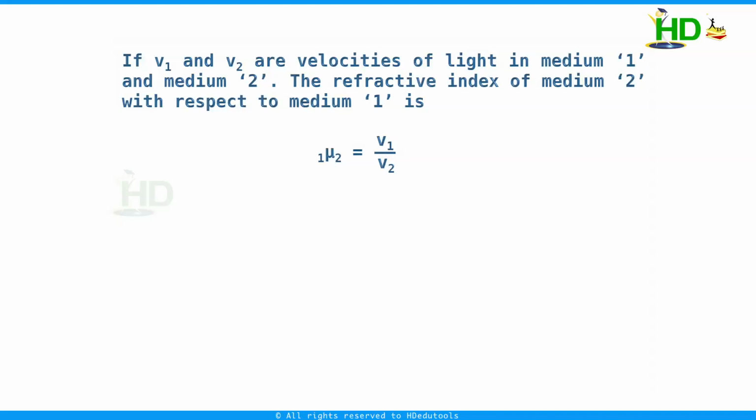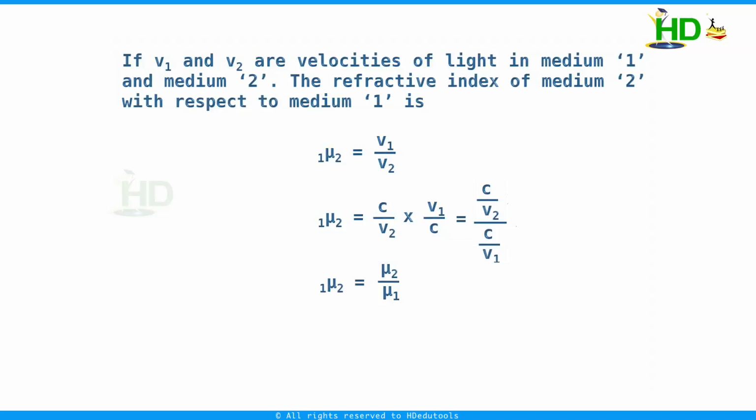Now I am dividing and multiplying this equation by C. We get mu12 equal to C by V2 into V1 by C. Already we know that C by V2 is the refractive index of the second medium with respect to air or vacuum, that is mu2, and C by V1 is the refractive index of medium 1. Therefore, we can write mu12 equal to mu2 by mu1.